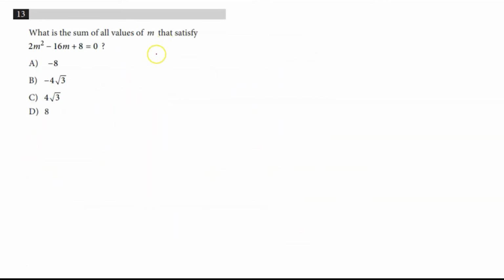So the sum of all values of m that satisfy this equation. So immediately you should notice that it's not factorable, and we should jump straight into the quadratic equation. So we can divide each side by 2. Let's write this here. 2m squared minus 16m plus 8 equals 0.